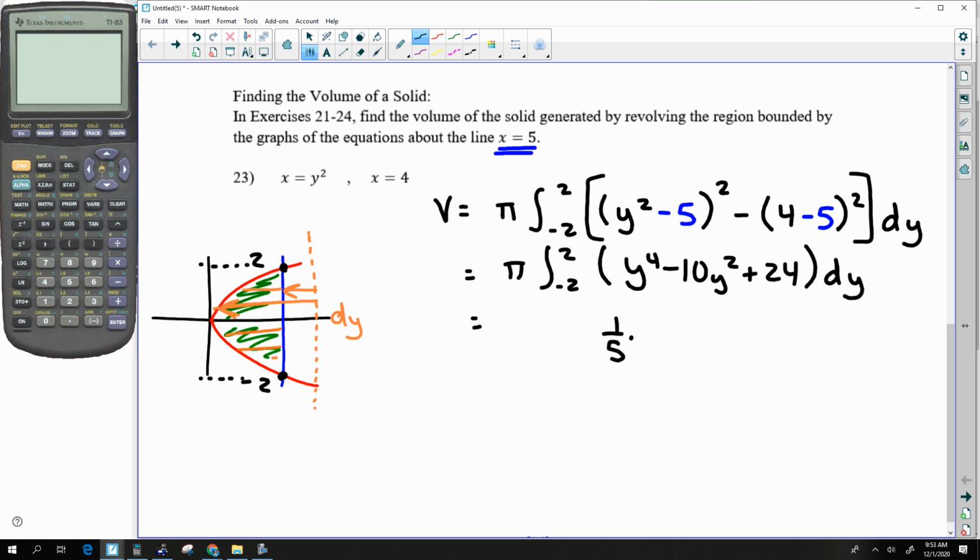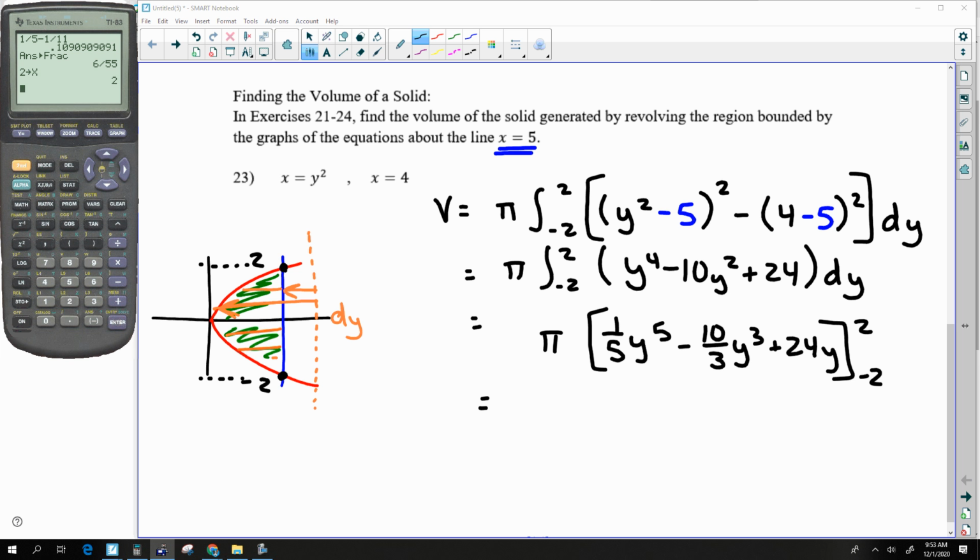All right, so here we go. And the -2 will get the exact same answer, but that's a negative.